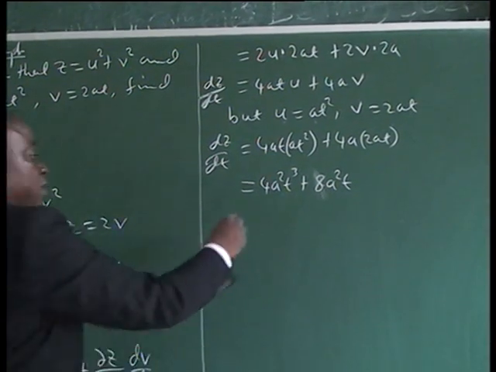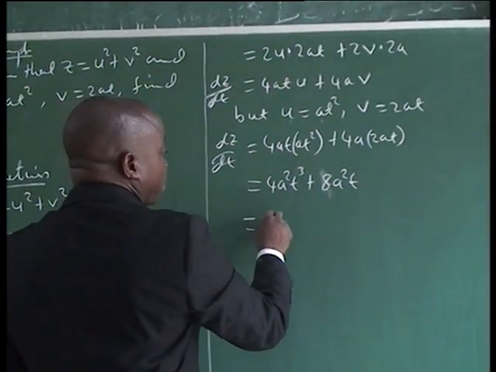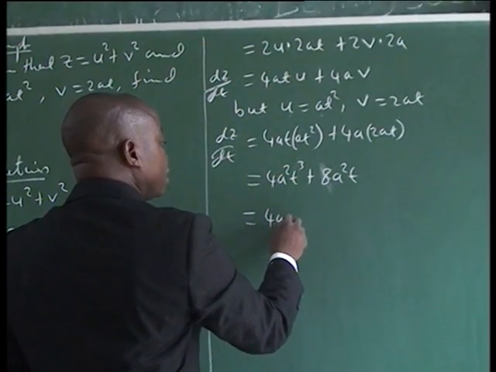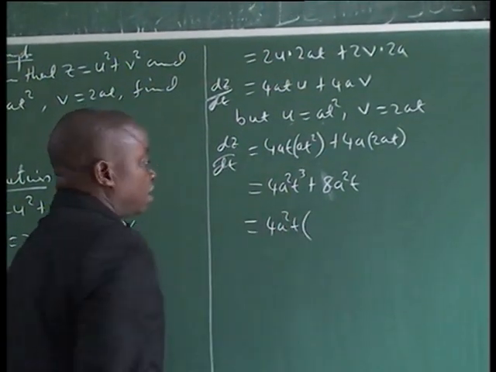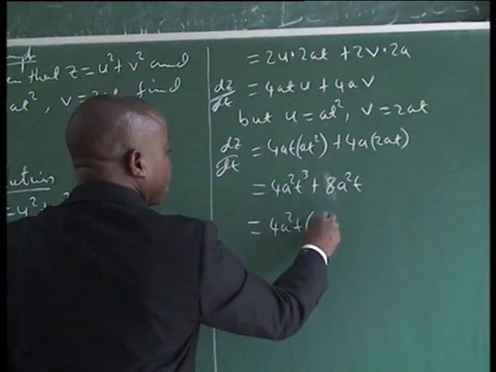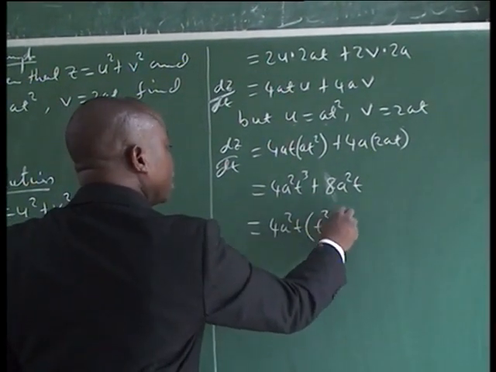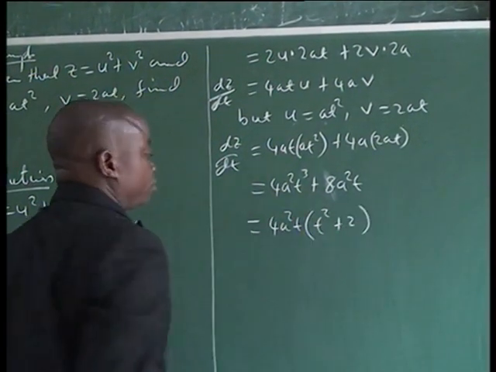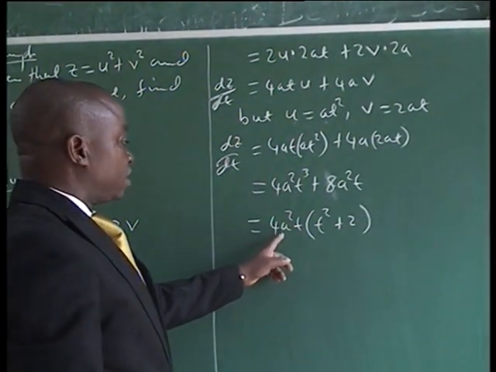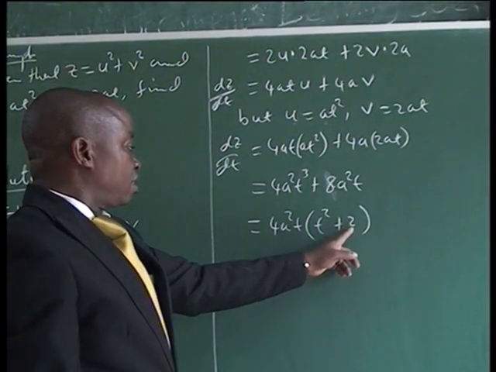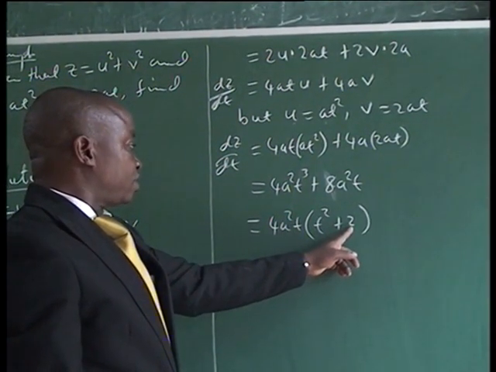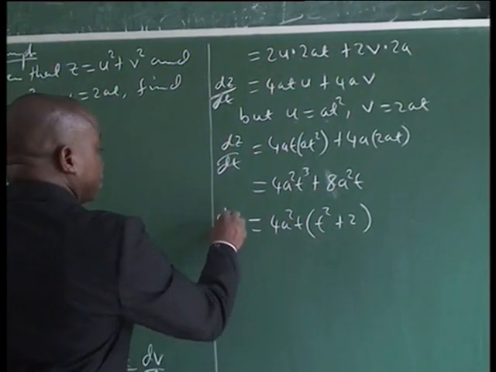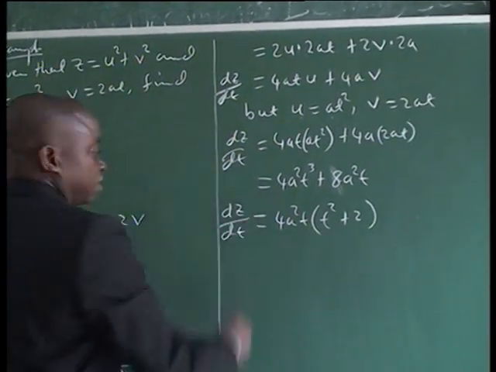And you can write this as 128t times t squared plus 1. So we have this, and that is dz/dt.